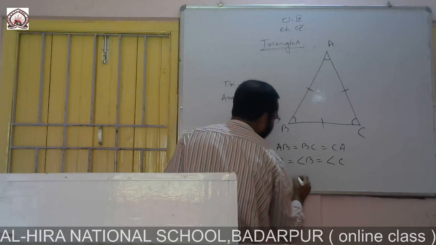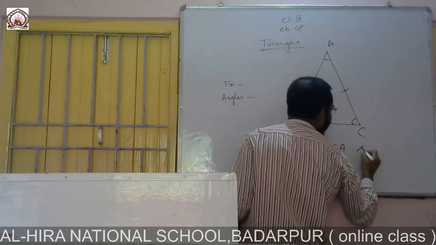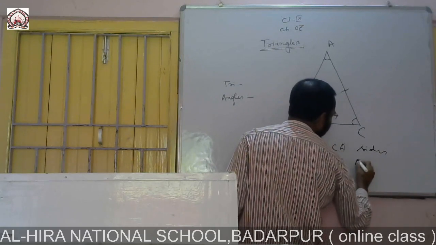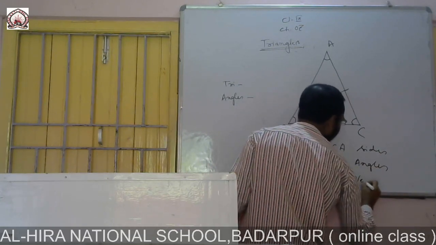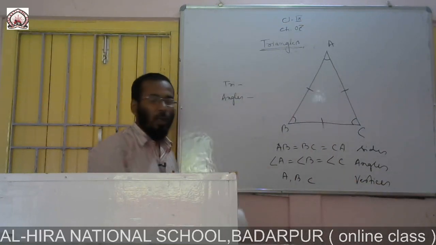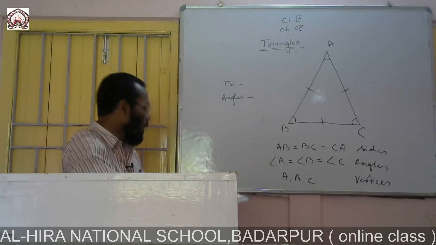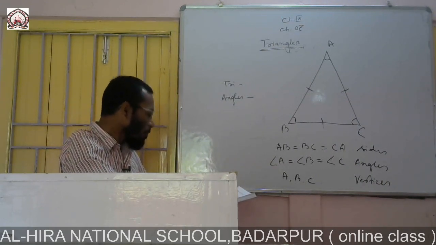These are A, B and C. So, these are sides, these are angles, and these are vertices. A triangle has 3 sides, 3 angles and 3 vertices.